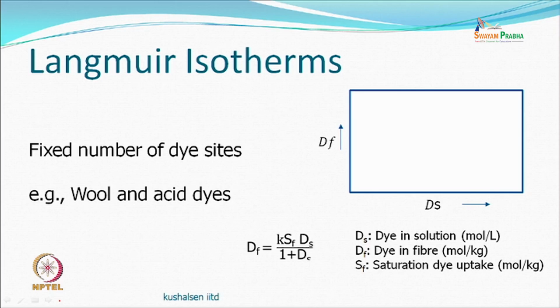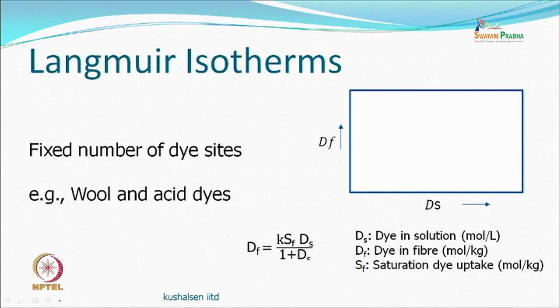So, this particular isotherm, Langmuir, believes that there are sites available on the fiber where the dye is going to go. That means, if the sites are not there anymore, the dye will not go.